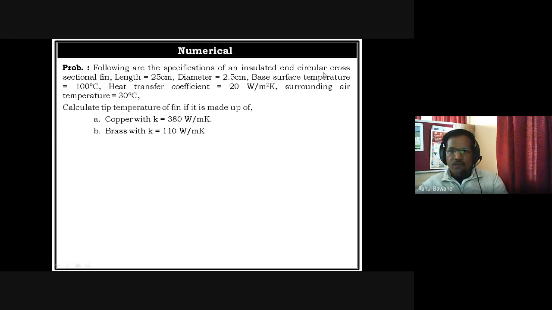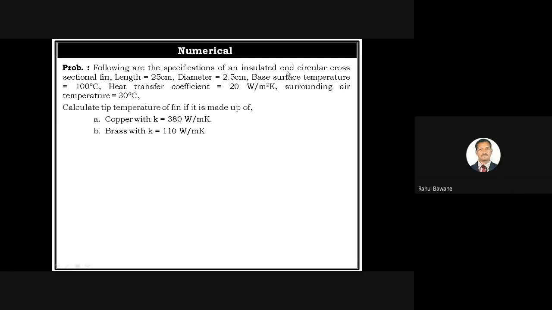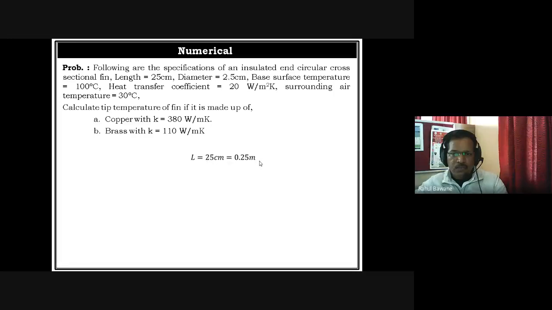Following are the specifications of an insulated end circular cross section fin. Remember, if shape or dimension gets changed, then your cross section and perimeter will change. So here it is mentioned circular cross section fin. Length 25 centimeters, so convert into meter.